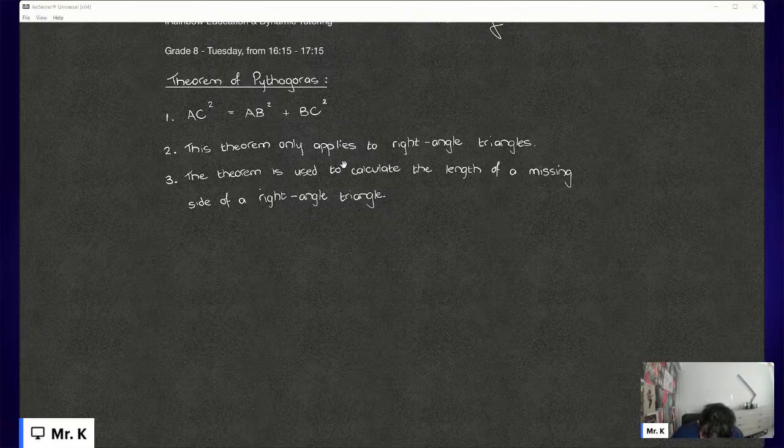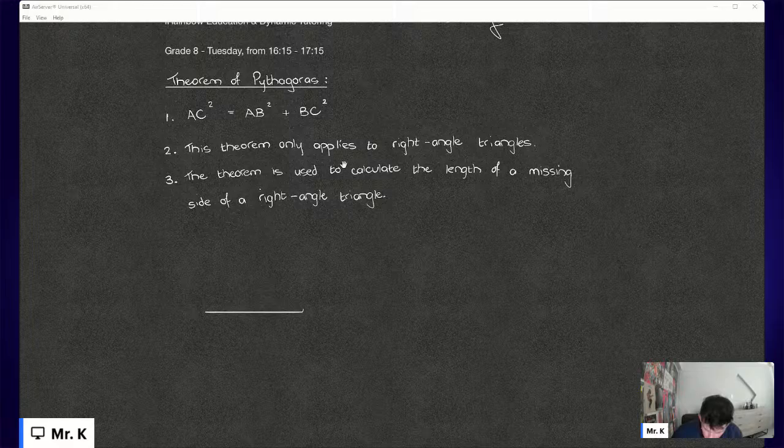Seeing as we're going to be talking about right-angled triangles, it's only fair that we thoroughly understand how to label the different elements of the triangle. And believe it or not, there are one or two unique names that you might not have known about. So again, I would take notes if you have the opportunity to do so.